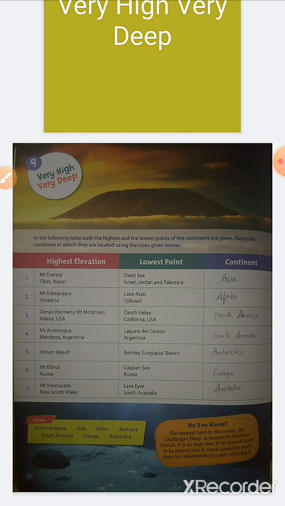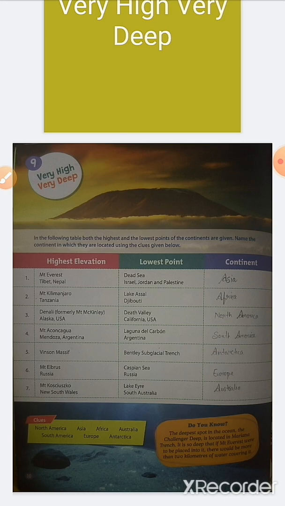There are 7 continents on earth, which are Asia, Africa, North America, South America, Australia and Europe. And we know Asia is the biggest continent.